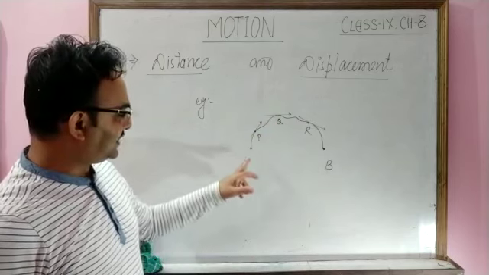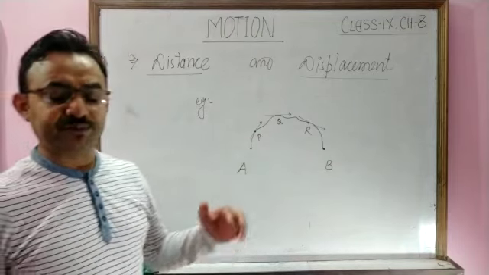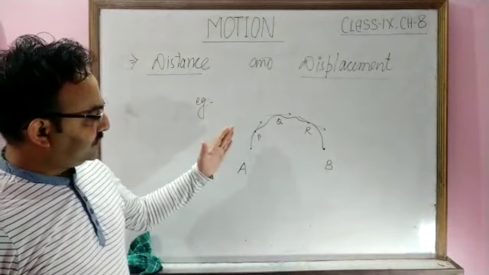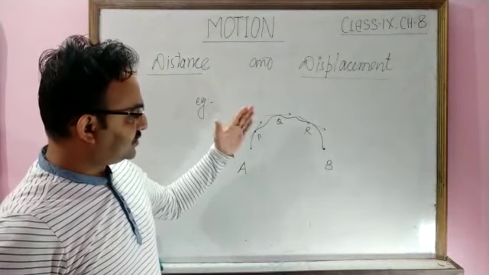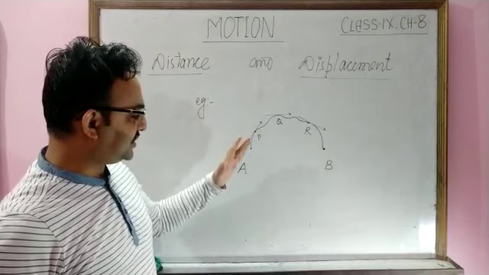Means while the object is moving from A to B, that time the object does not have any particular direction. Ultimately the directions cancel out each other, or there is no specific direction.